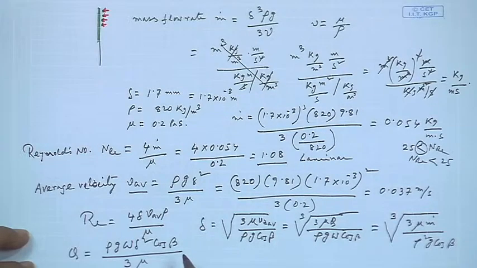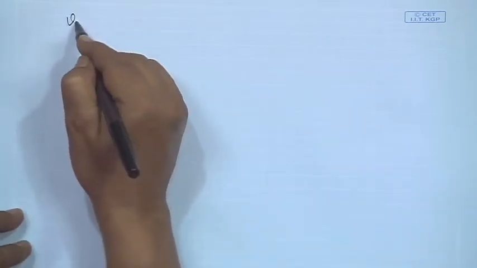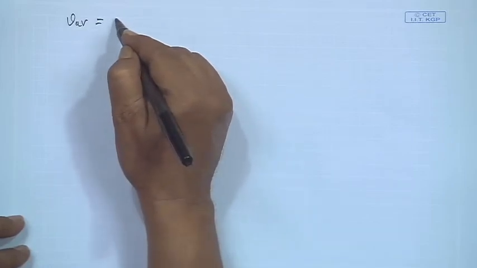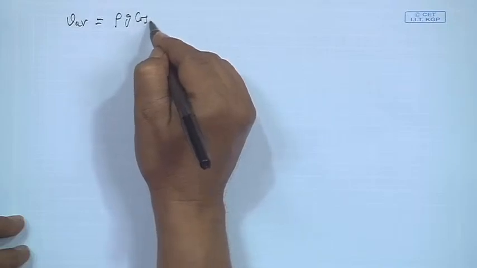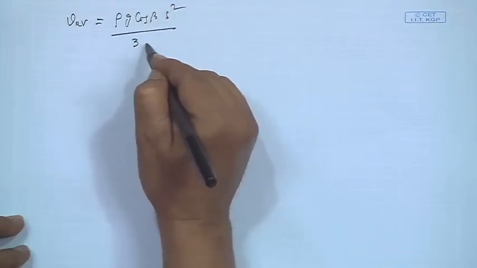We also gave the average velocity V average as rho g cos beta del square by 3 mu.